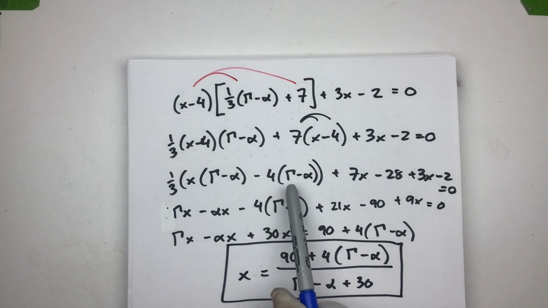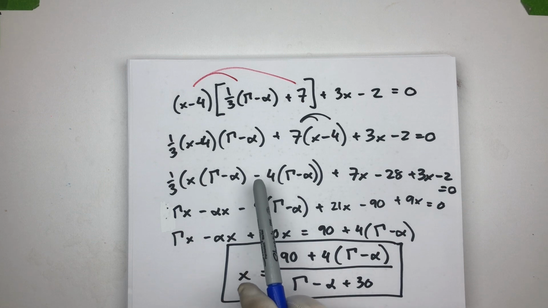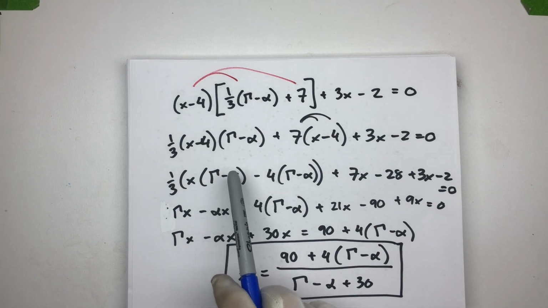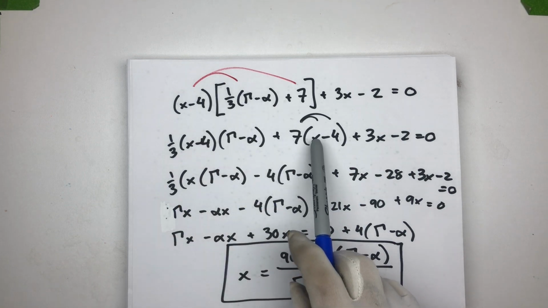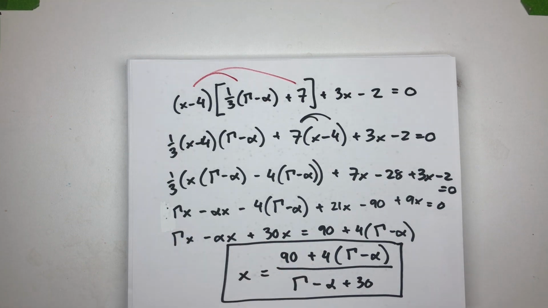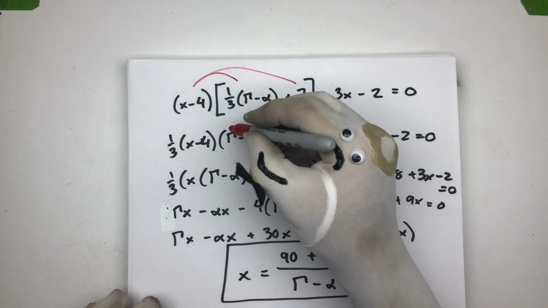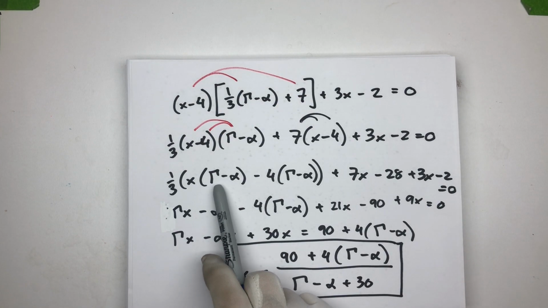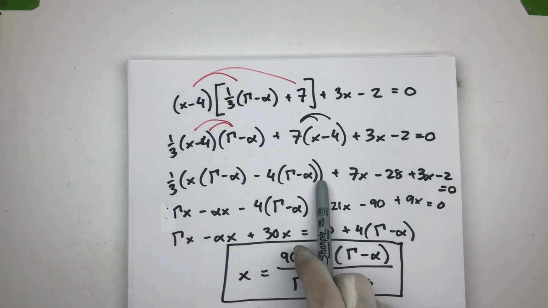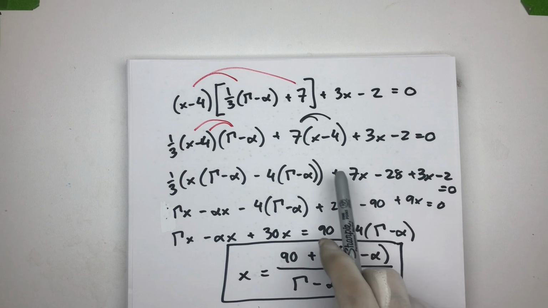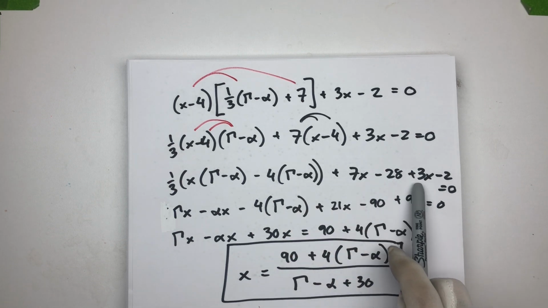Good. What happened here? What the heck? Oh, wow, this was hard. Okay, so over here, I expanded this one into here. So I should draw little lines here. This one went to here like that. So then there's that one, and then minus 4. Yeah, there it is. Bracket open with that 1/3 there, and then 7x, and then minus 28, 3x minus 2.